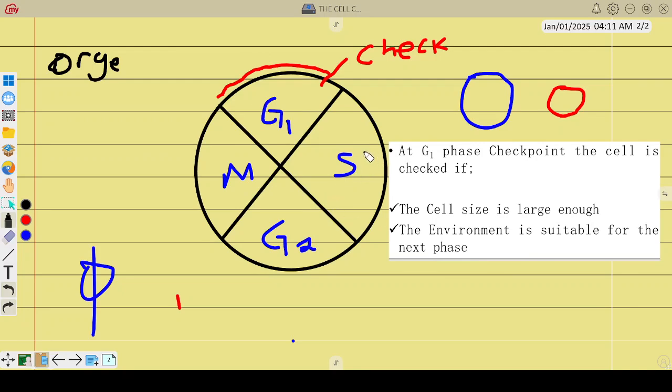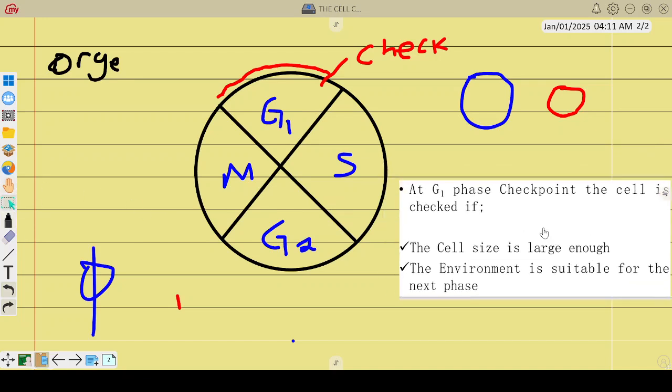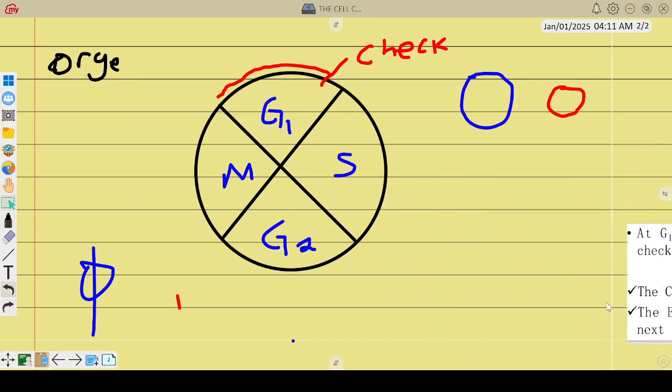So now we go to the synthesis phase. This is DNA replication. The G1 checkpoint also checks if the cell is ready to undergo DNA replication.